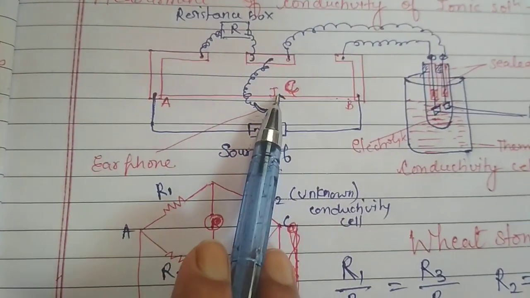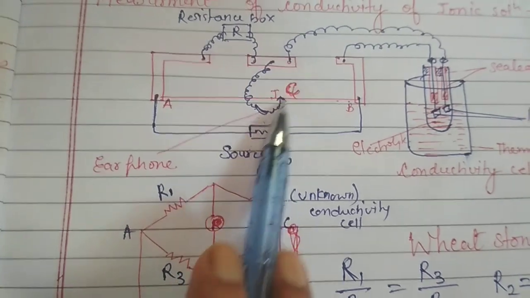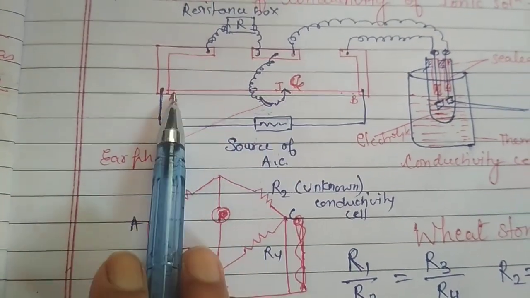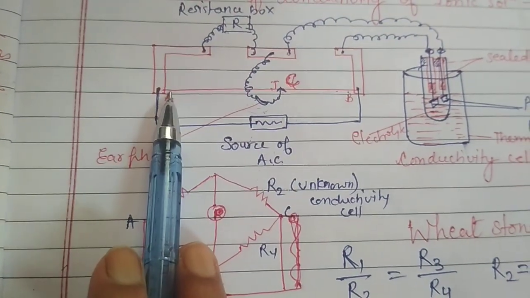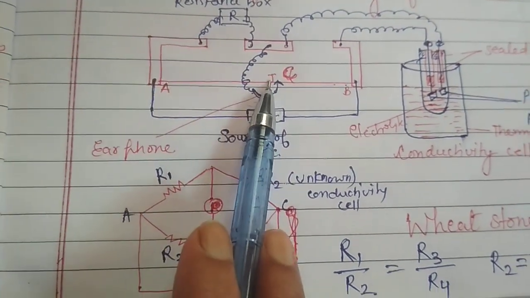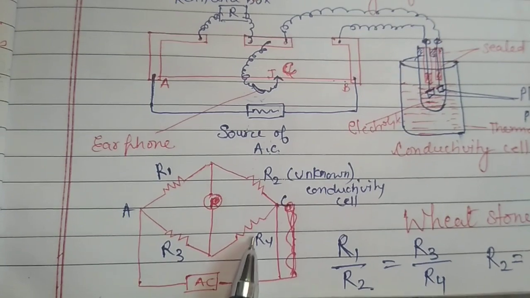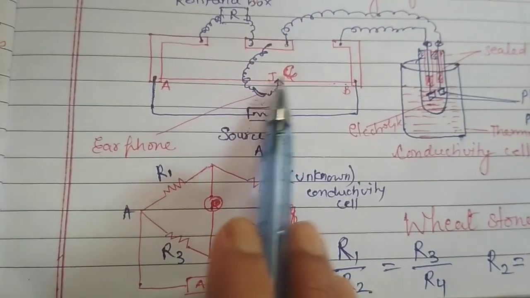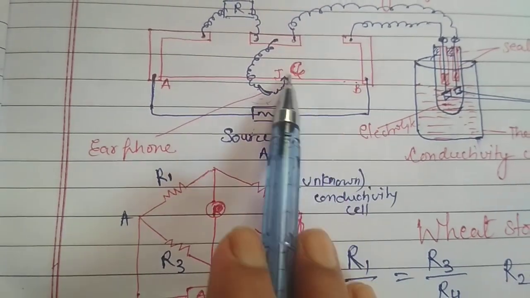Suppose we have found the null point at point C here, so the value of R3 would be AC, means the length of this wire from A to C, and the value of R4 would be the length from the point C to this wire CB.